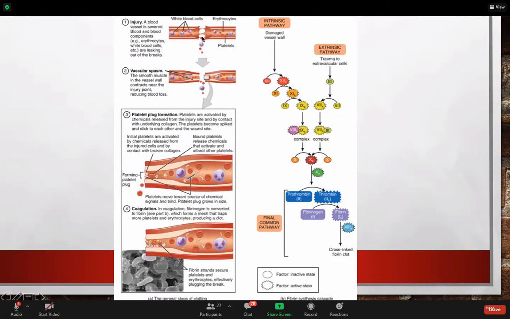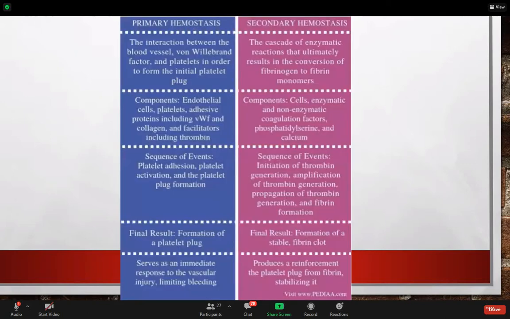So for example, when you start to have a bleeding, there's going to be first a vascular spasm, a contraction. Then platelet plug formation begins. Platelets start to come and try to close this place. Then the coagulation starts, and you have the coagulation pathway, of course you know it, the intrinsic and the extrinsic. So it's a very fine consequential series of phases to try to stop the bleed.